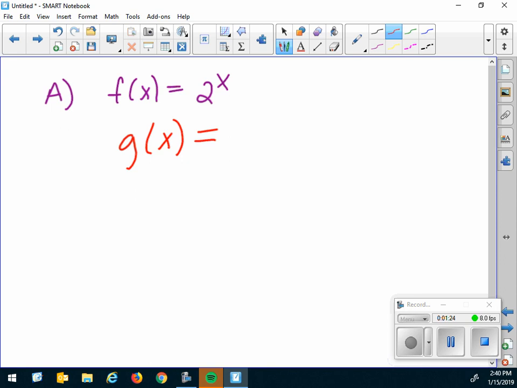Where do we put something to make it say vertically stretched by a factor of 4? I'm going to put it like this, 4 times 2 to the x. With me so far? That's the vertical stretch by a factor of 4. Now, shifted right 1. Where do I put minus 1? With the exponent.